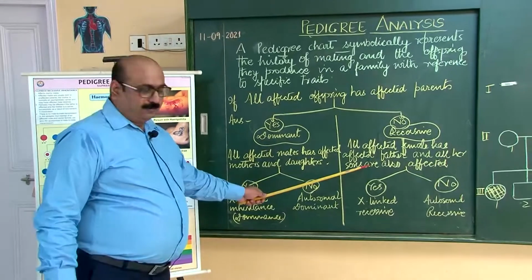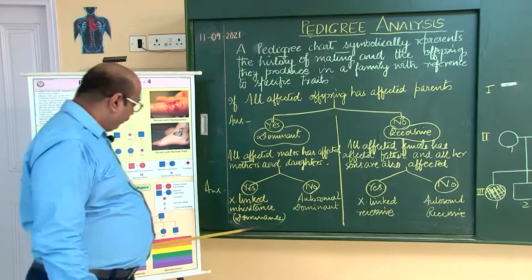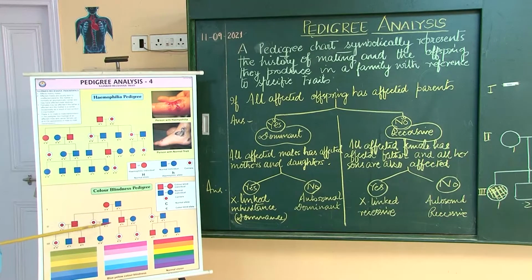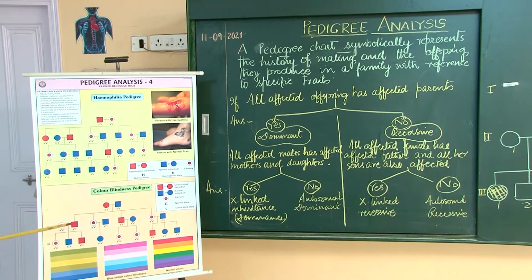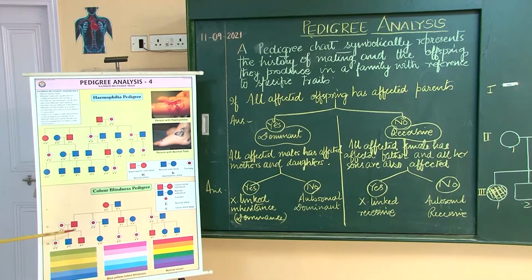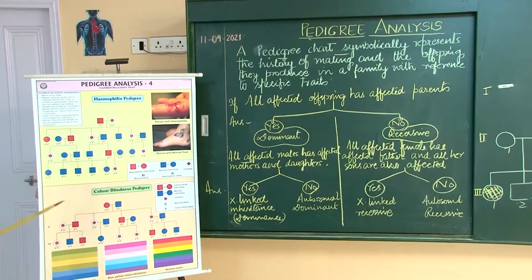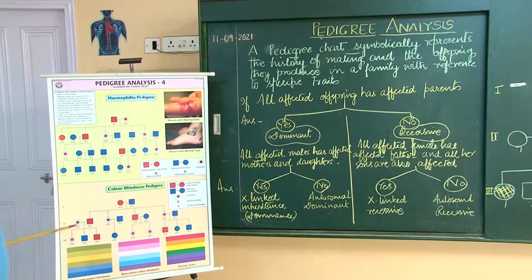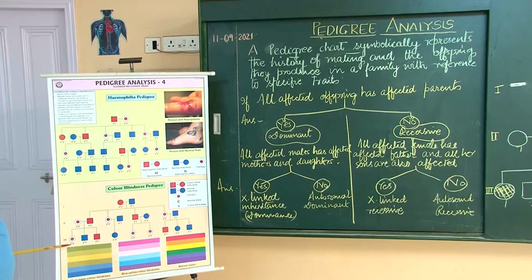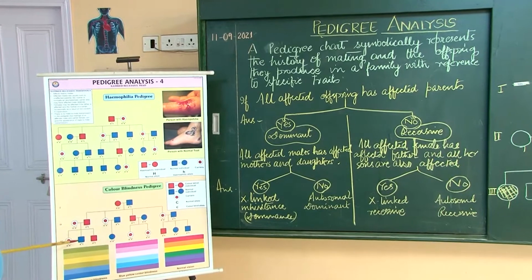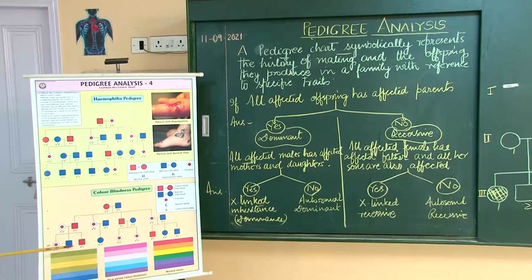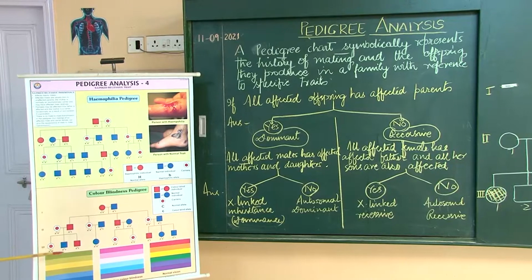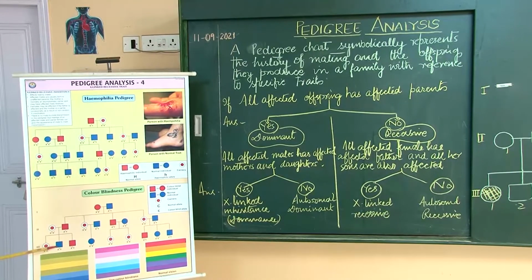According to the formula which I have devised here, all X-linked recessive inheritance is shown here. In the third generation, an affected male is married to a carrier female, and their progenies are a carrier female, an affected male, and a normal individual, because it does not carry the gene for color blindness.